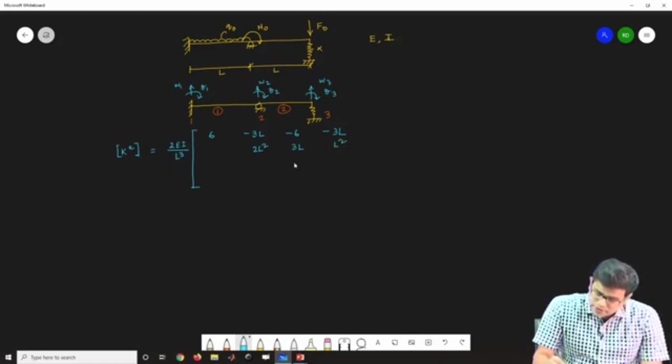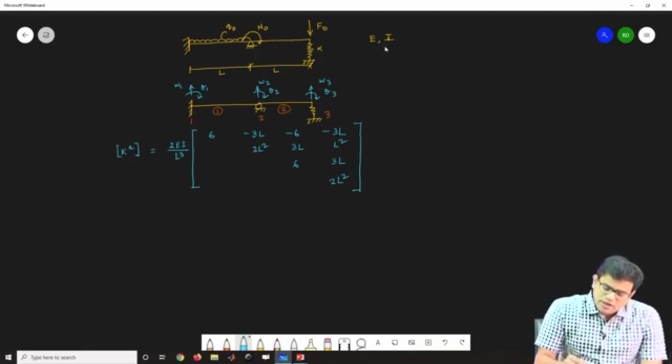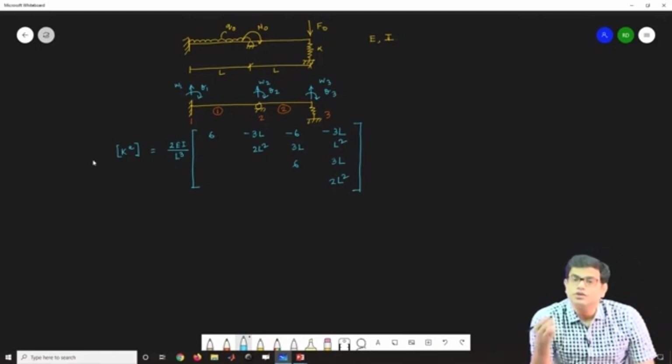Then it is symmetric essentially, so this is 6 and again 3L and 2L square. So, this is the general form of my element stiffness matrix. What you need, EI is given, L is given, so you can compute the stiffness matrix of the element.